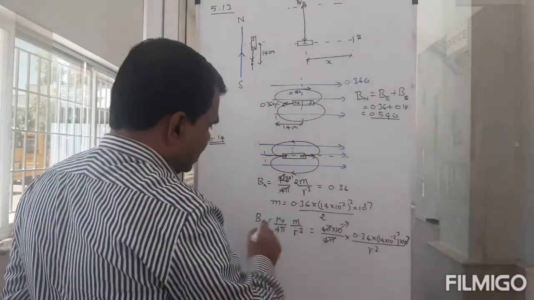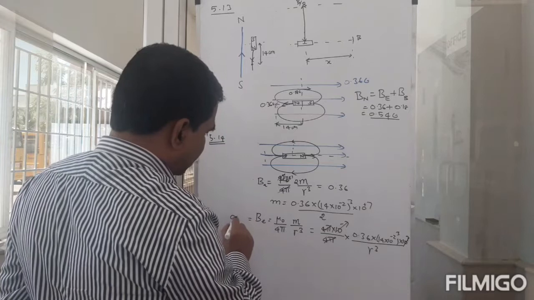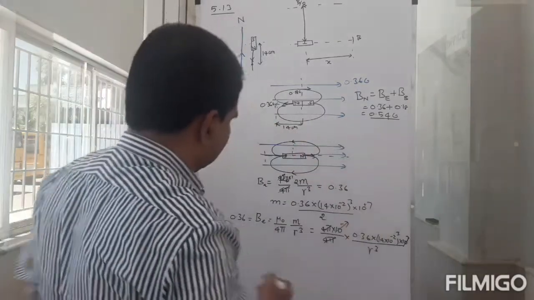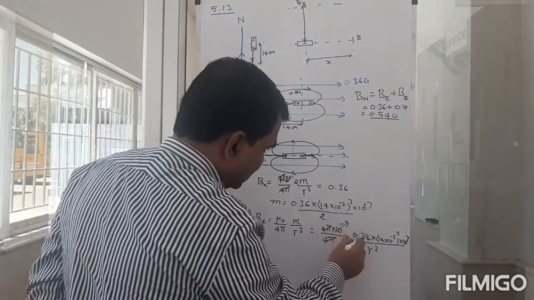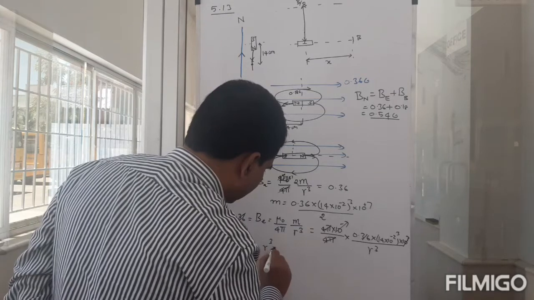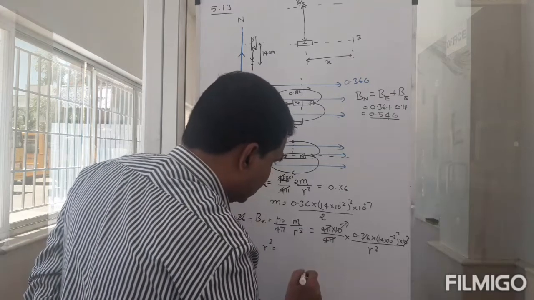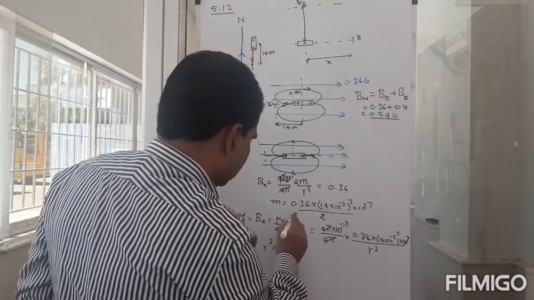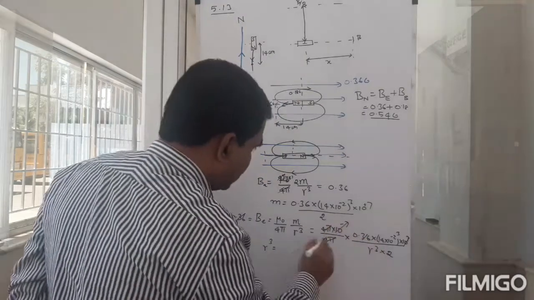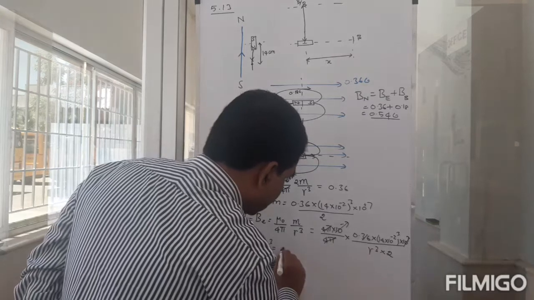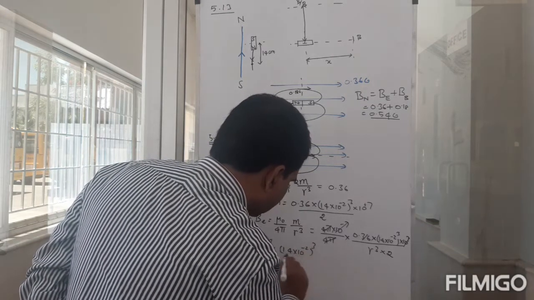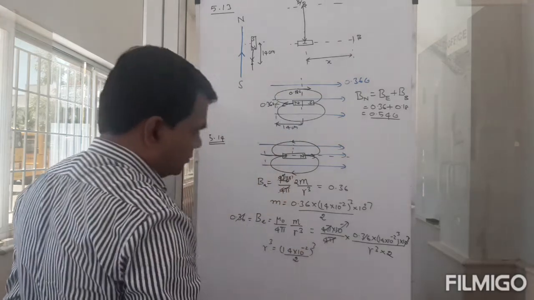But this must be equal to 0.36, right? At that distance you will get a null point. So 0.36 and 0.36 will cancel. I need to get a 2 here, since 2 is missing. So r cube is equal to 14 into 10 to the power minus 2, the whole cube, by 2.